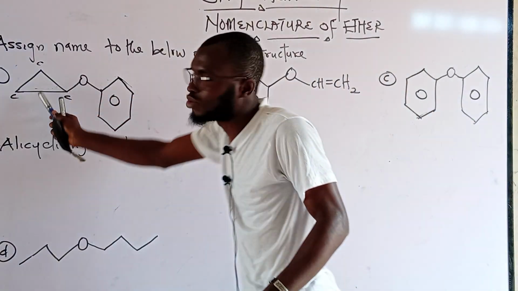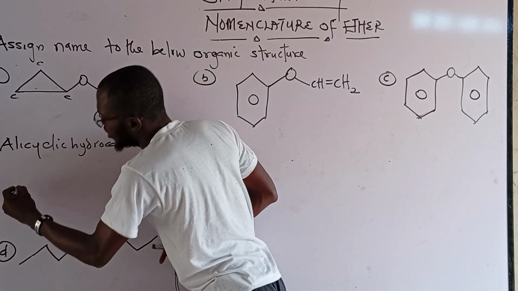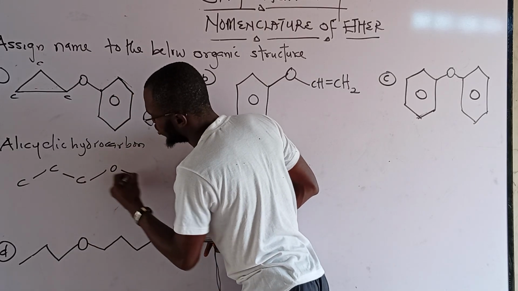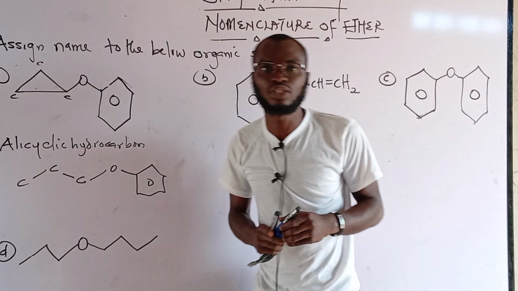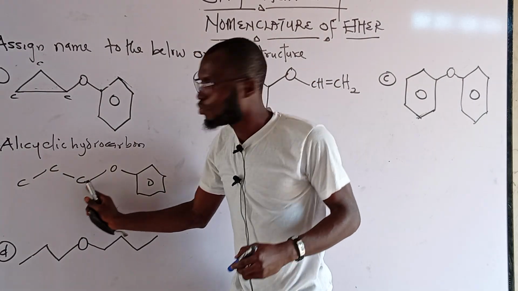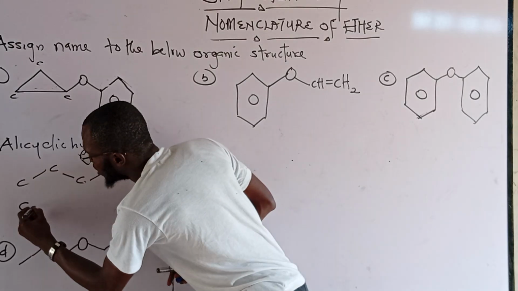Well, I can decide to write this back in the form of this. What I'm explaining is that this can be C to C to C, then to O, then bonding to this, bonding to this. These and these are almost the same thing. But how many carbon are we having here? 3. But they exist in what form? In a straight form. This is still the same thing as writing it like this.